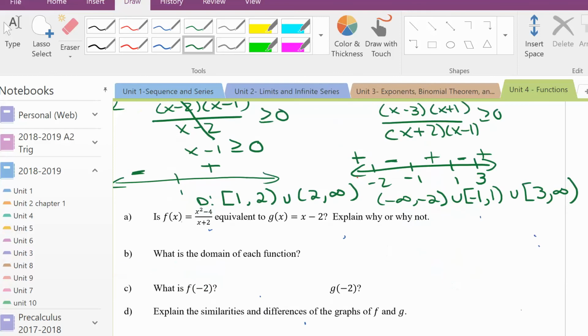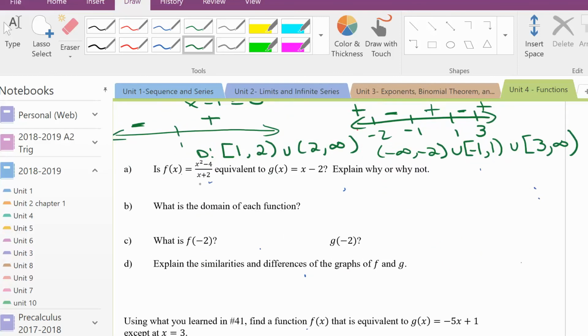So are these equivalent fractions? Well, the answer is yes, because if you factor, you get x plus 2 times x minus 2 over x plus 2, and notice you can cancel, except at x equals -2, because -2 would still make the original function undefined.